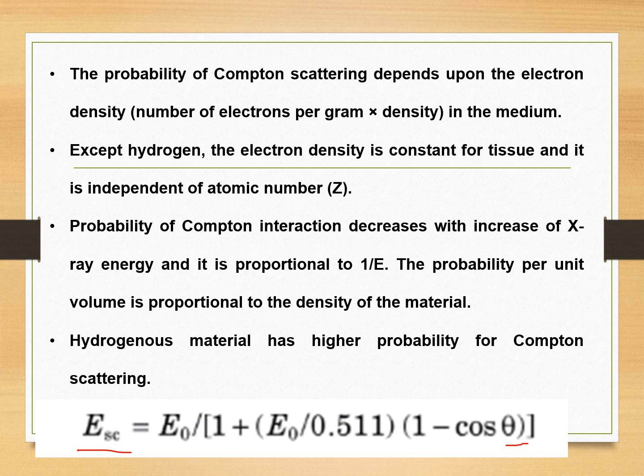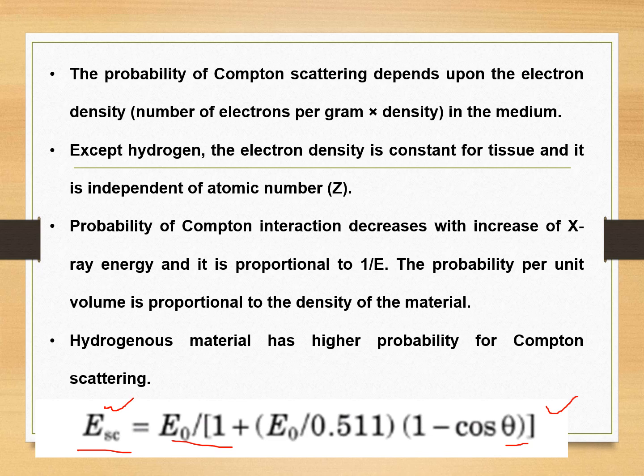Am I clear? This is the formula to find the scattered photon energy, where E0 and ESC are the incident and scattered photon energy in mega electron volt.